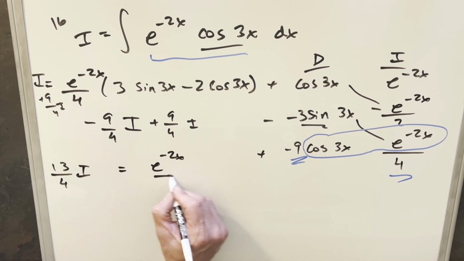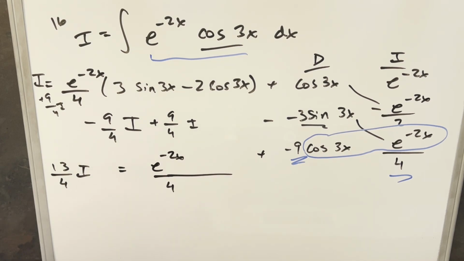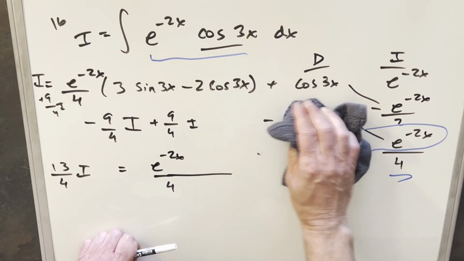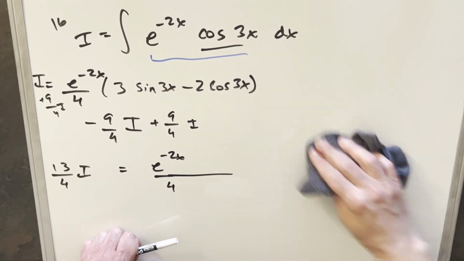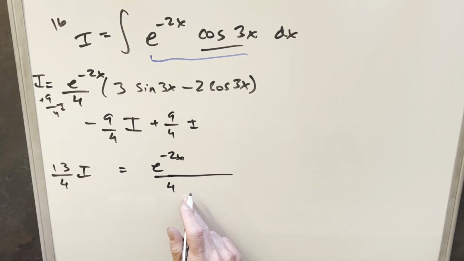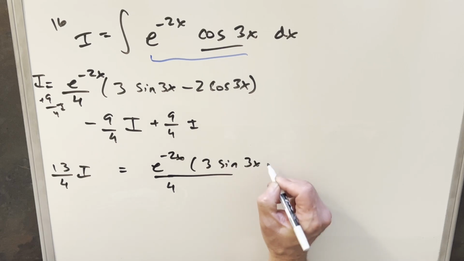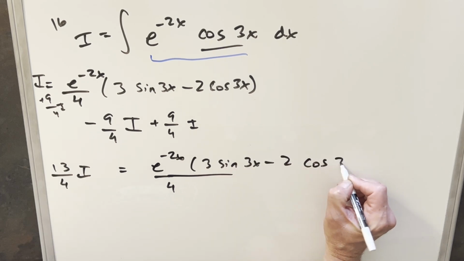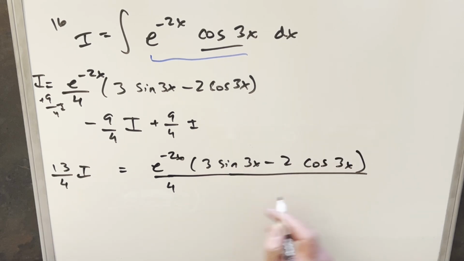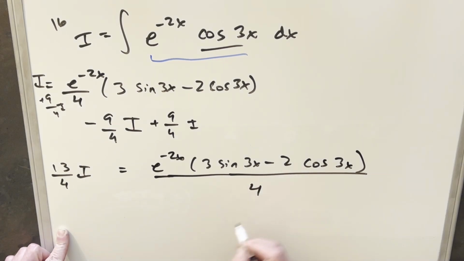which I'll just copy down really quick. But let's make some more space over here. Probably should have done it lower, but anyway. We have this thing here, 3 sine 3x minus 2 cosine 3x. Kind of do it like this.